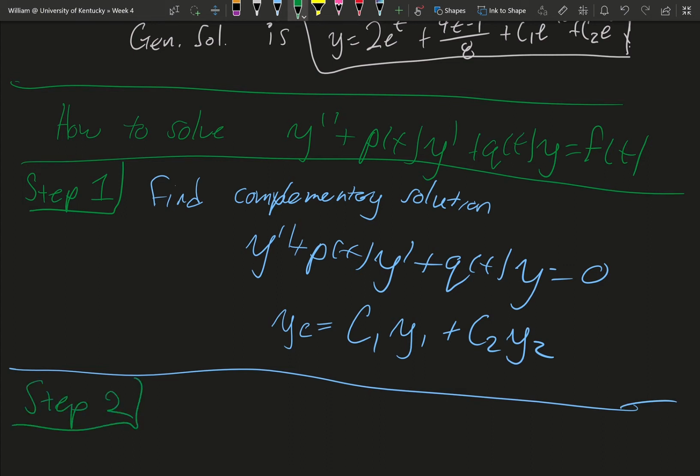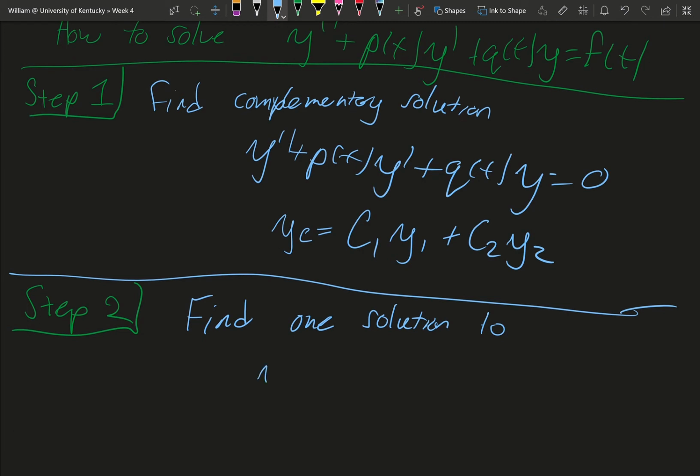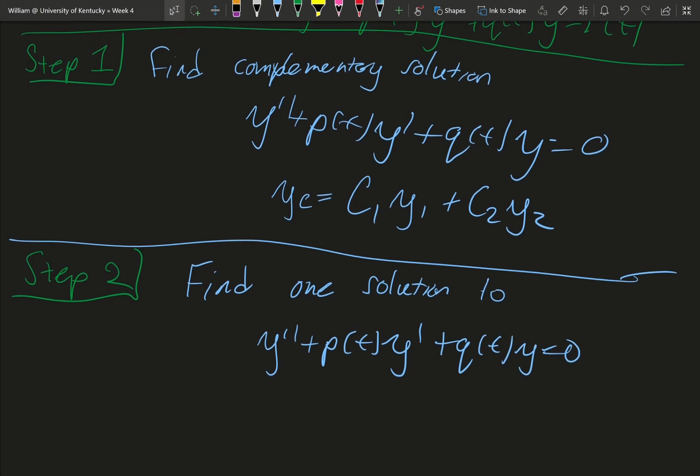Step 2 is find one solution. Call that y_p. This is our particular solution.